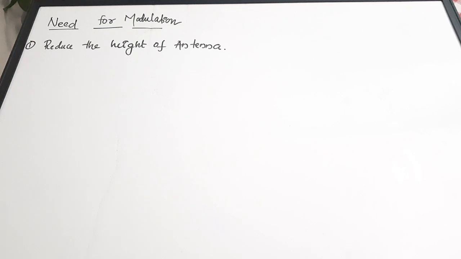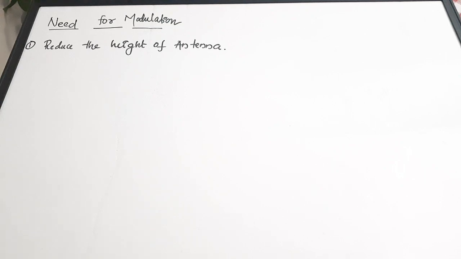What is the requirement? The first requirement is the most important one: to reduce the height of the antenna. Whether it is a transmitting antenna or a receiving antenna, the height of the antenna has a relation with the wavelength that we are using.